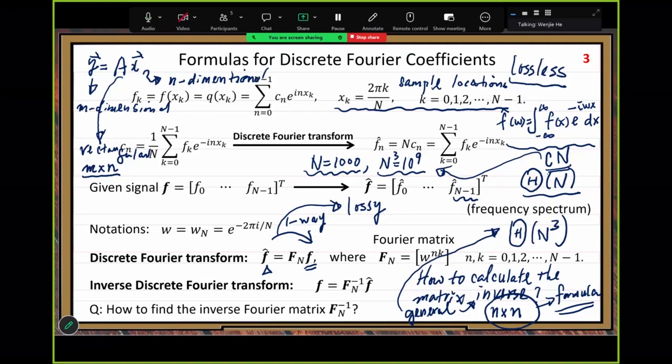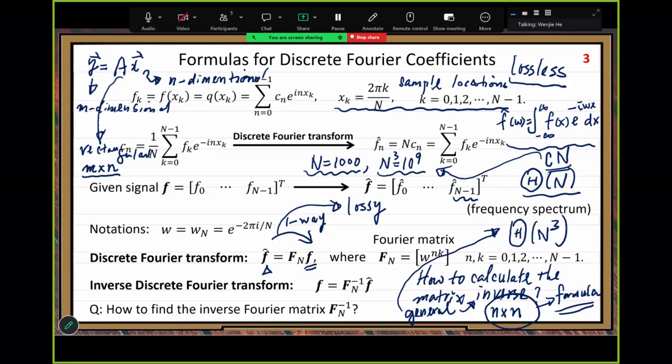Special means when our matrix has some special structure, we can take advantage of the special structure. Fortunately, this capital F matrix has a special structure. Each entry is a power of little w, and we know what little w is. The structure is so nice.